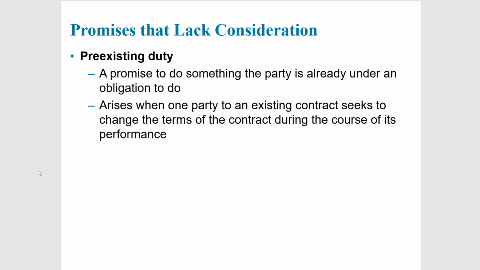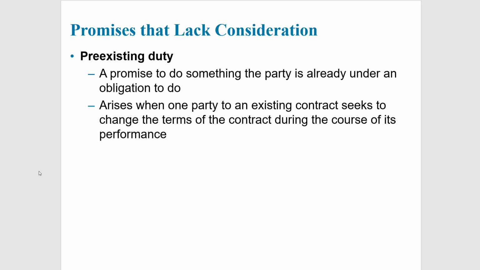Pre-existing duty is another promise that would lack consideration. It would be promising to do something that I already have an obligation to do. If I try to make that part of a new contract, it's not going to be valid consideration for that new agreement. So if everybody gives me $100, I promise to teach extra well.